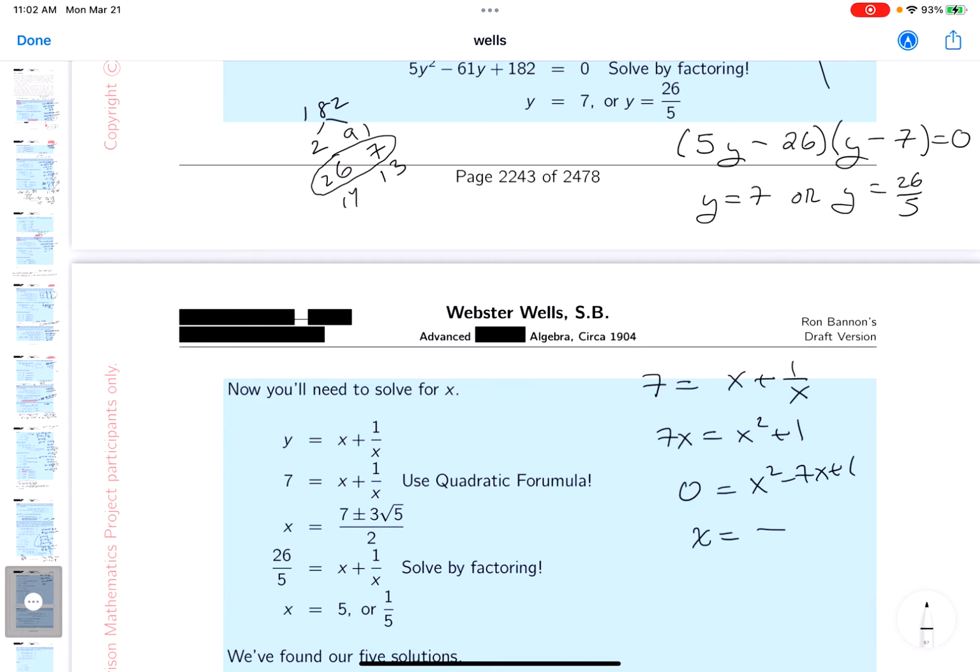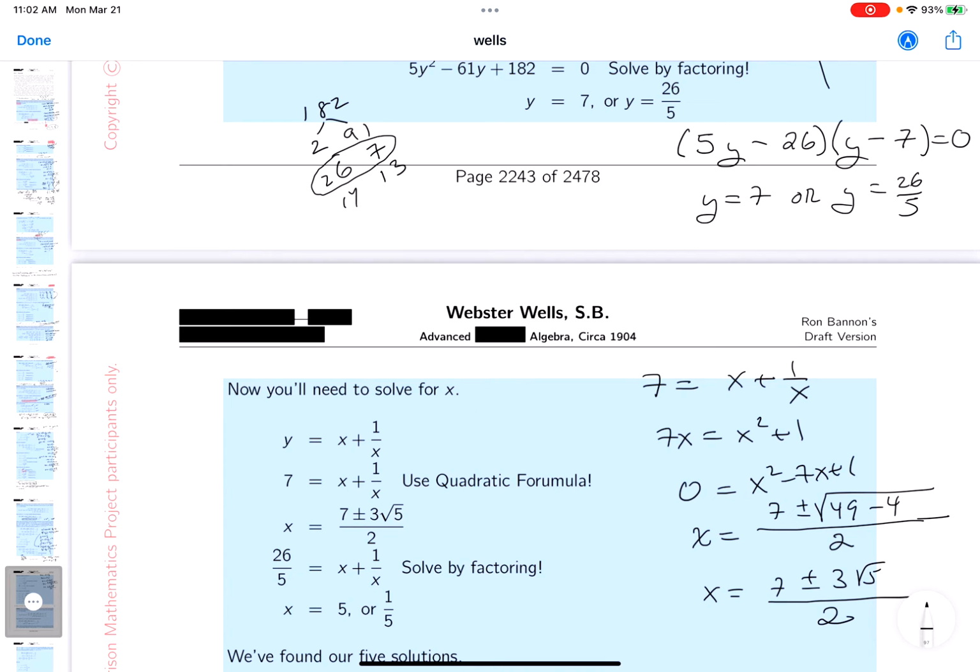Quadratic formula. I'm not going to factor that. And you're going to get x equals 7 plus or minus the square root of 49 minus 4, over 2. 49 minus 4 is 45. That'd be 9 times 5, so 3 root 5.